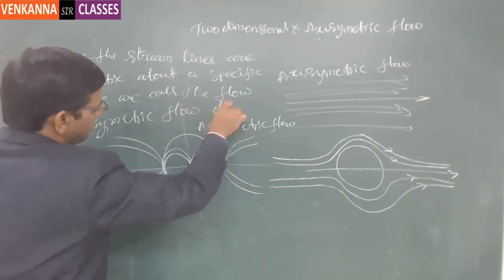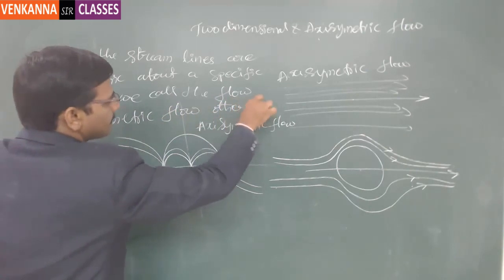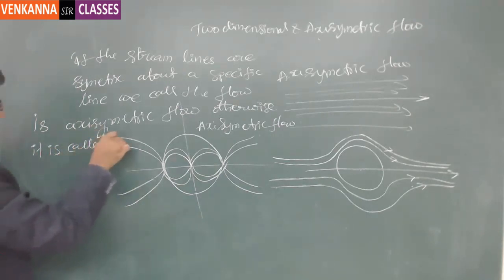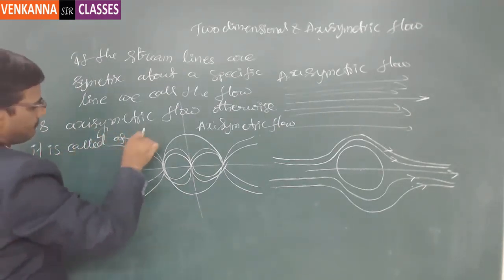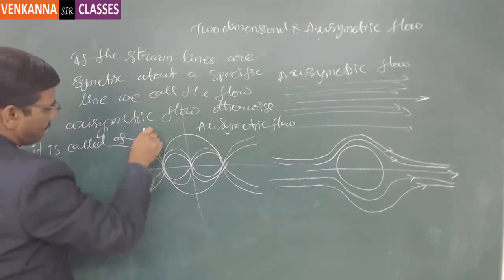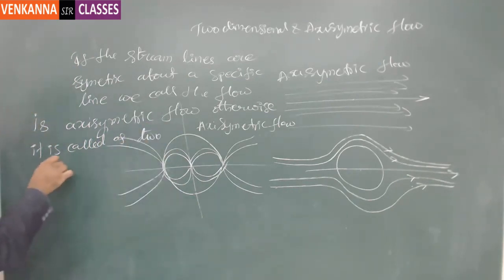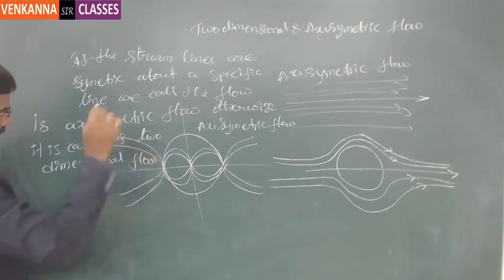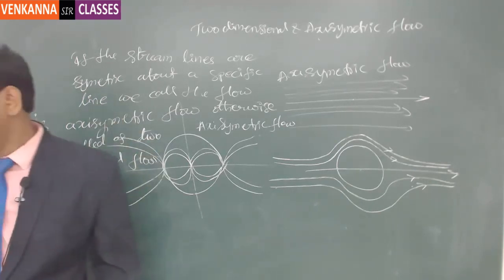Otherwise, it is called two-dimensional flow. Got it?